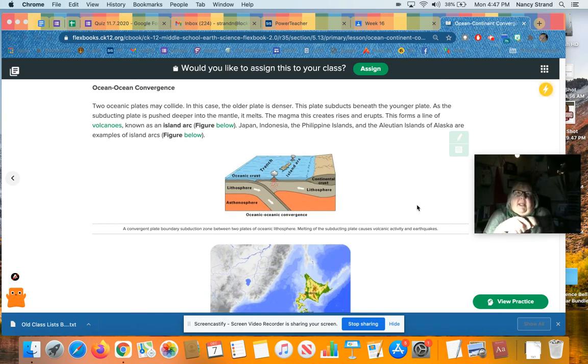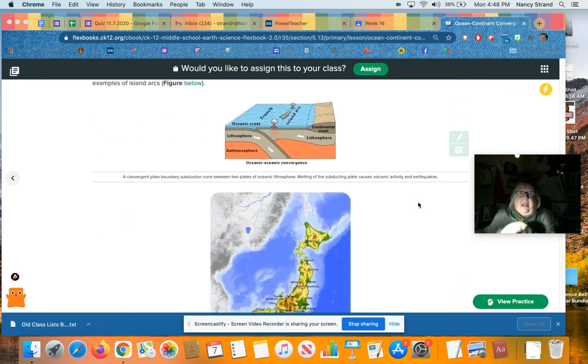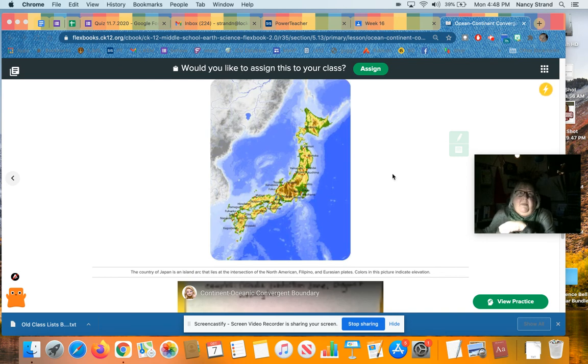The magma this creates rises and erupts. This forms a line of volcanoes known as an island arc. Japan, Indonesia, the Philippine Islands, and the Aleutian Islands of Alaska are examples of island arcs. And we saw that picture when we first started. Here, kids, this is Japan.